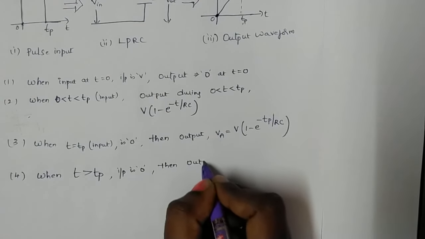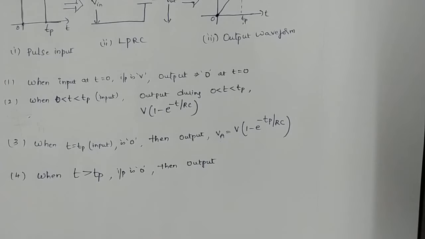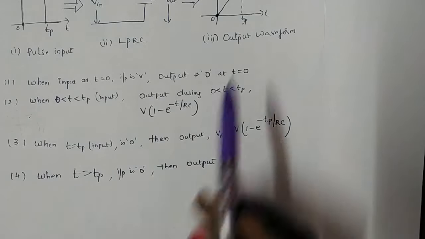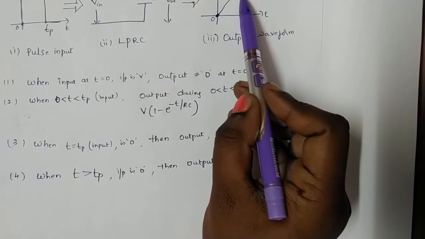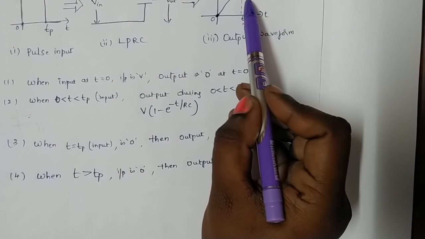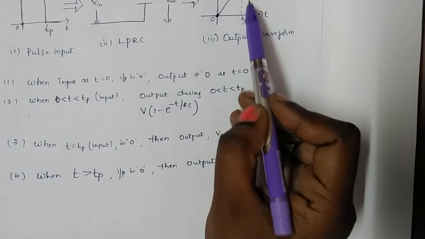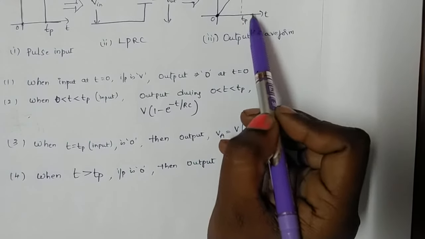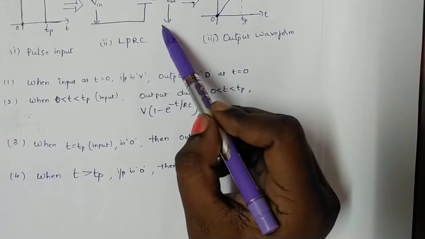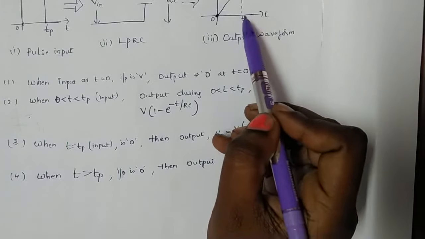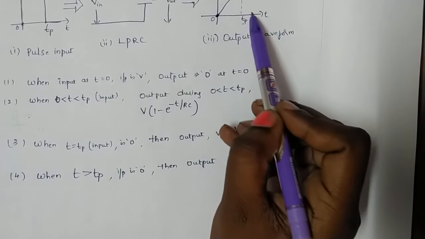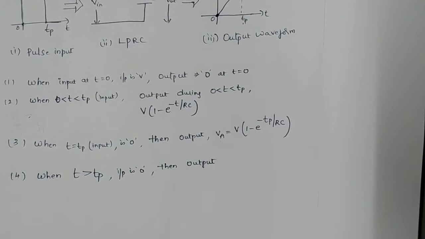The output will gradually decrease from Va amplitude to 0 volts. As shown in the output waveform, it reaches the amplitude level of Va, and at t greater than tp, the input of 0 volts is applied to the LPRC circuit. Now the output waveform gradually decreases from Va to 0.